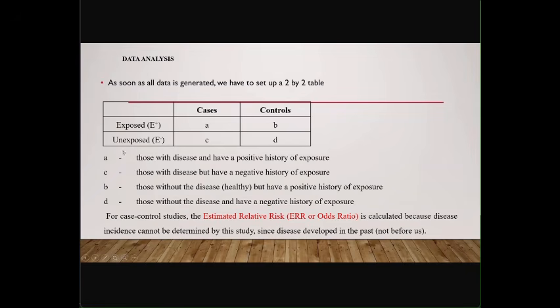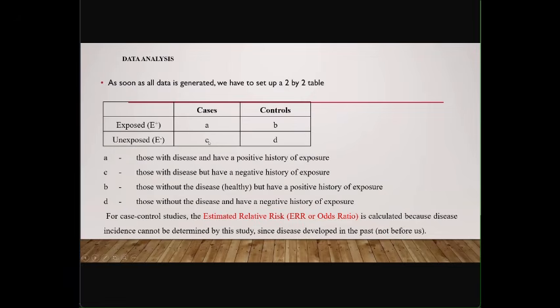So what do we have? A is those with the disease and they have a positive history of exposure, smoking. Among those we examined, we found some that have the disease and at the same time, they have a positive history of smoking.